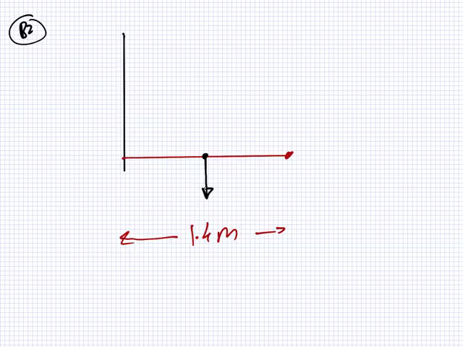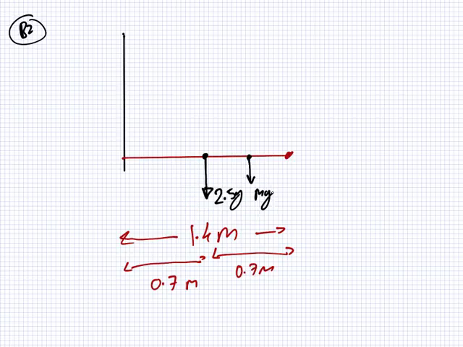Do we know the weight? We do, it's 2.5 g. So this is obviously 0.7 meters, and this is obviously 0.7 meters. And then you have a sign which hangs here of mg. Do we know this mass? No, we have to work it out.